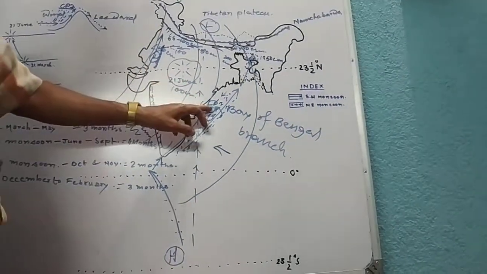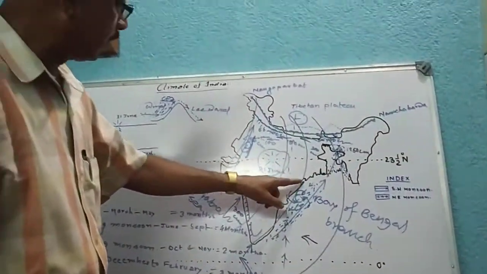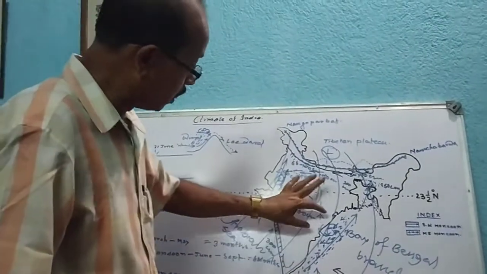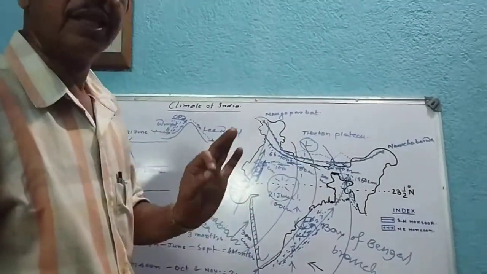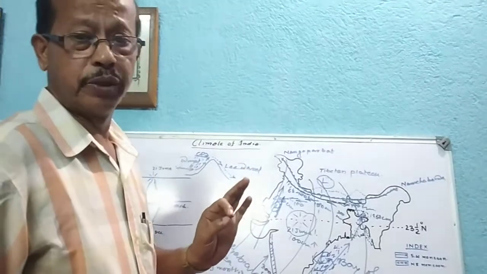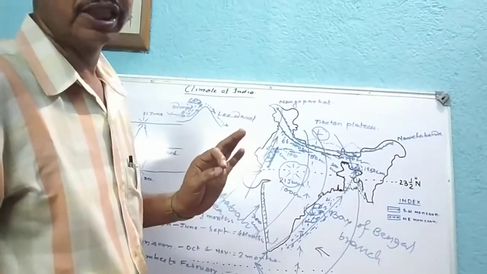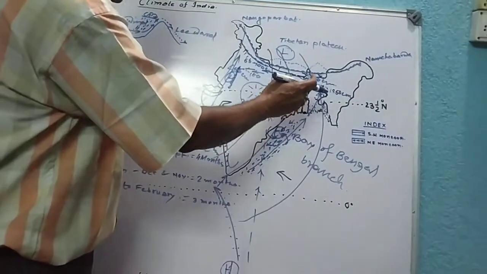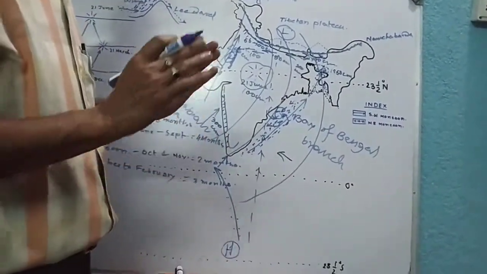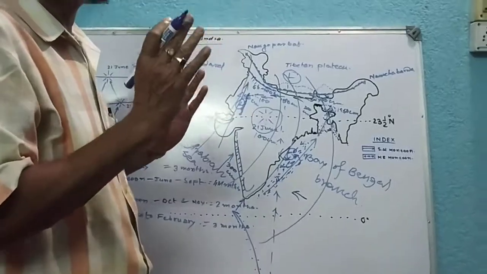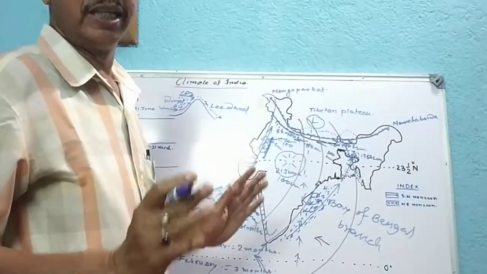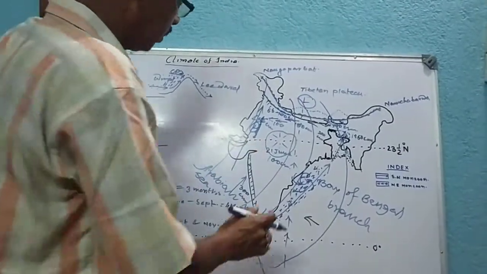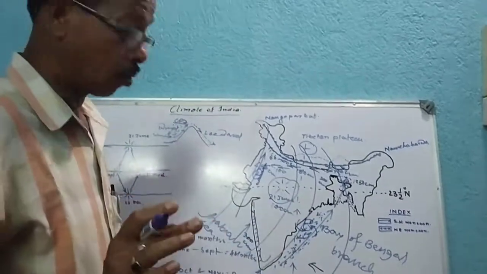Due to presence of this cyclone, the eastern coast of Andhra Pradesh and Odisha receives one kind of stormy weather which is known as Ashini Jhor. It is due to presence of these two types of wind in opposite directions, and they are quite different in nature and temperature. This is Ashini Jhor.